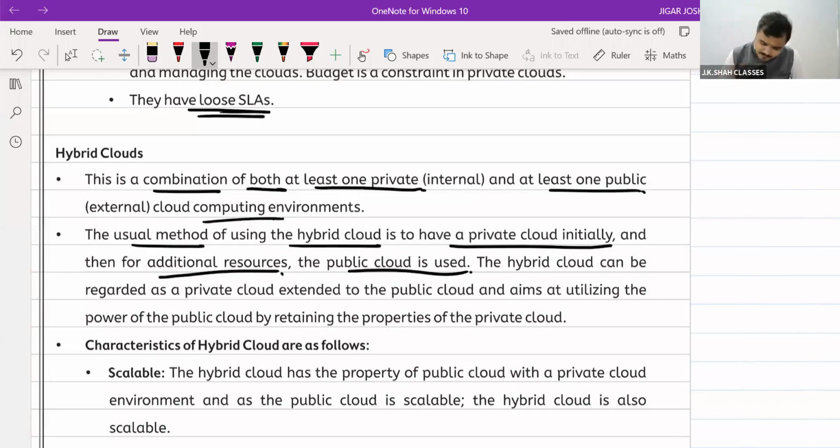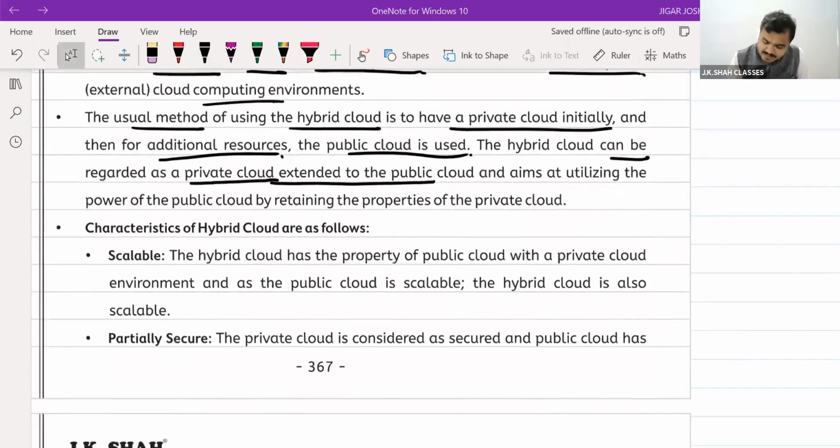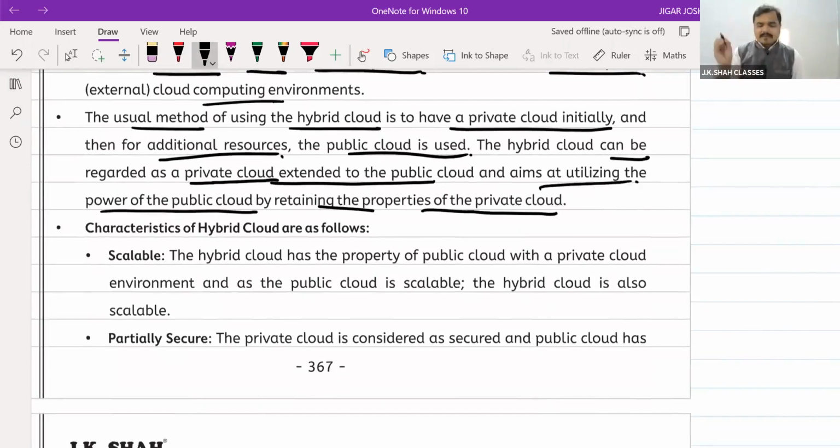Agree? Yes. Hybrid cloud can be regarded as a private cloud extended to public. Means private cloud we use until full, now we are going to public. But remember, for a temporary period, not permanently. Seriously. It aims at utilizing the power of public cloud while retaining the properties of private cloud.